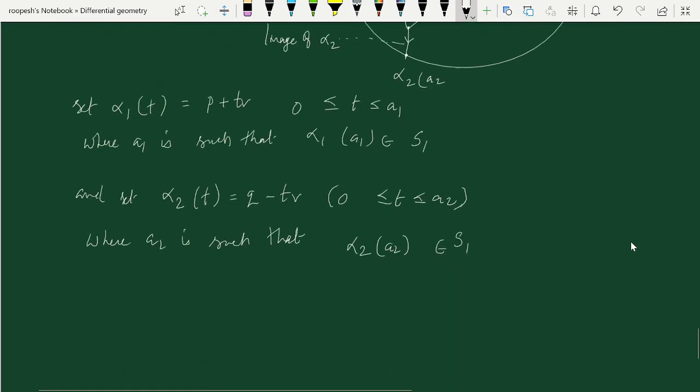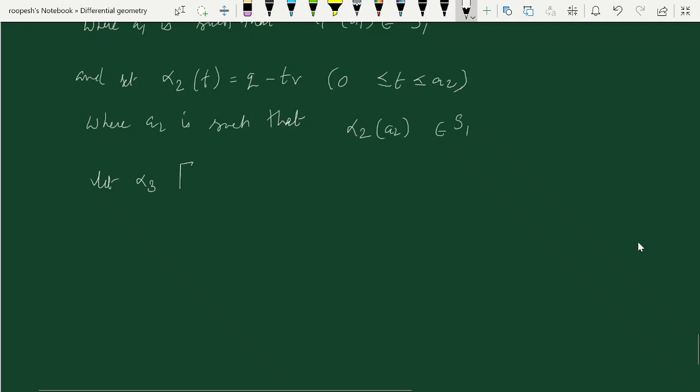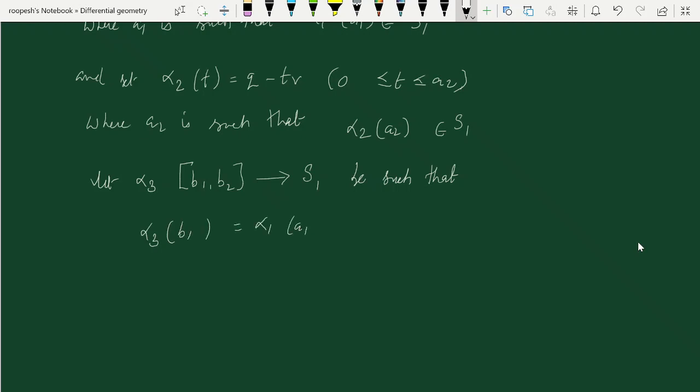Next what we are going to do is consider another curve. So let alpha 3 from a closed interval [b1, b2] to S1 be such that the condition is alpha 3 of b1 equal to alpha 1 of a1 and alpha 3 of b2 equal to alpha 2 of a2.